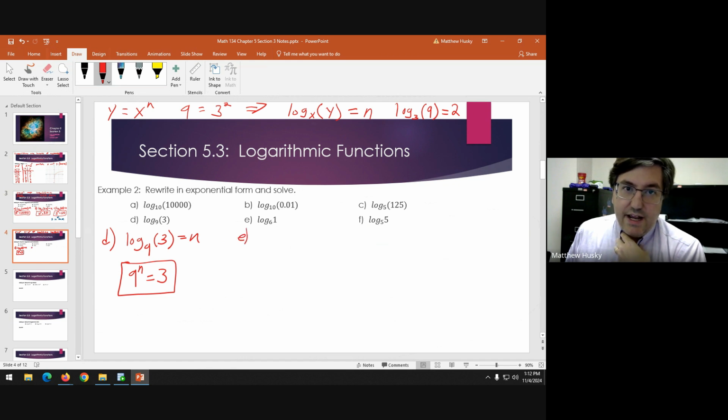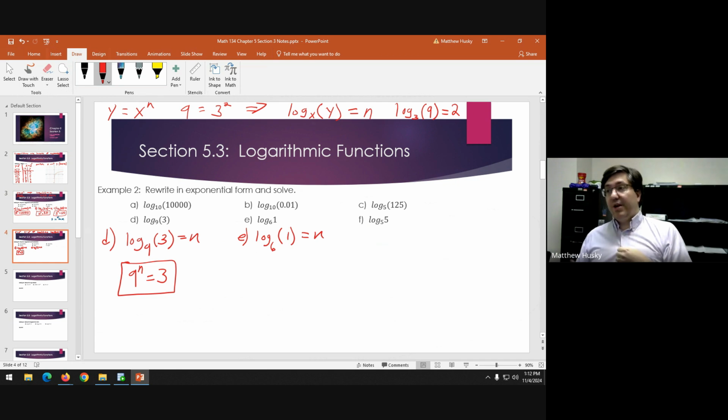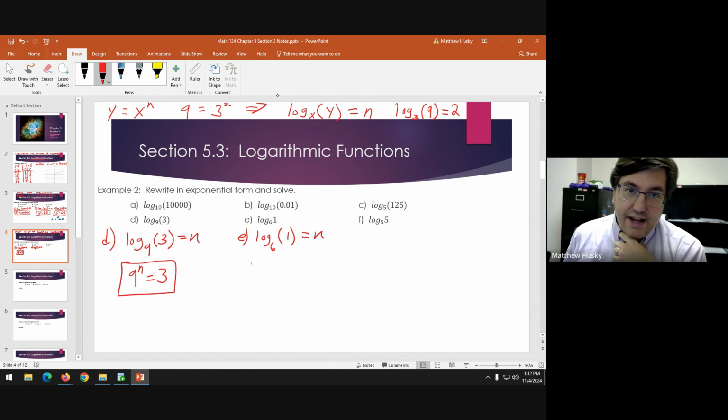For part E, log of base 6 of 1. If we set that equal to just n, whatever the power would be that we would need, the way you would write that is you would have 6, you would raise it to the n power, and then that would equal 1.